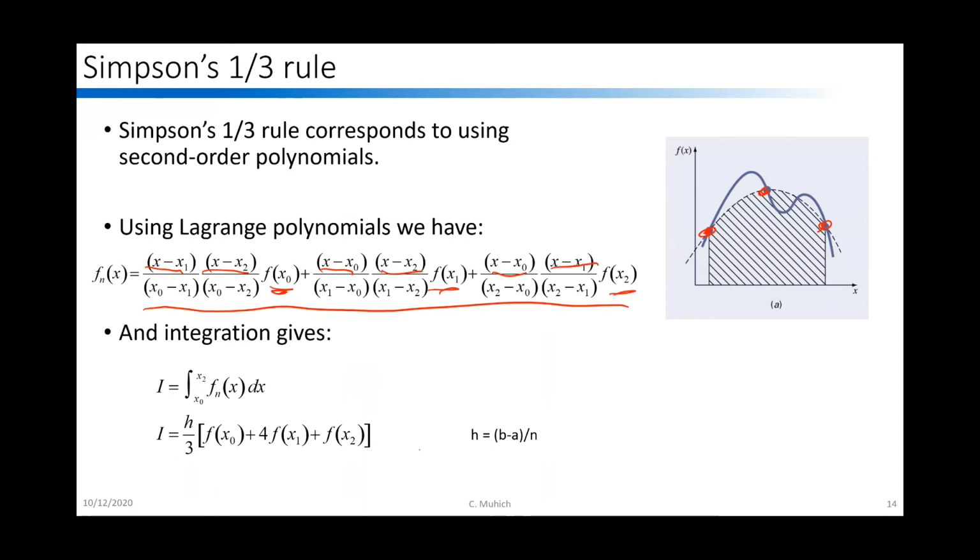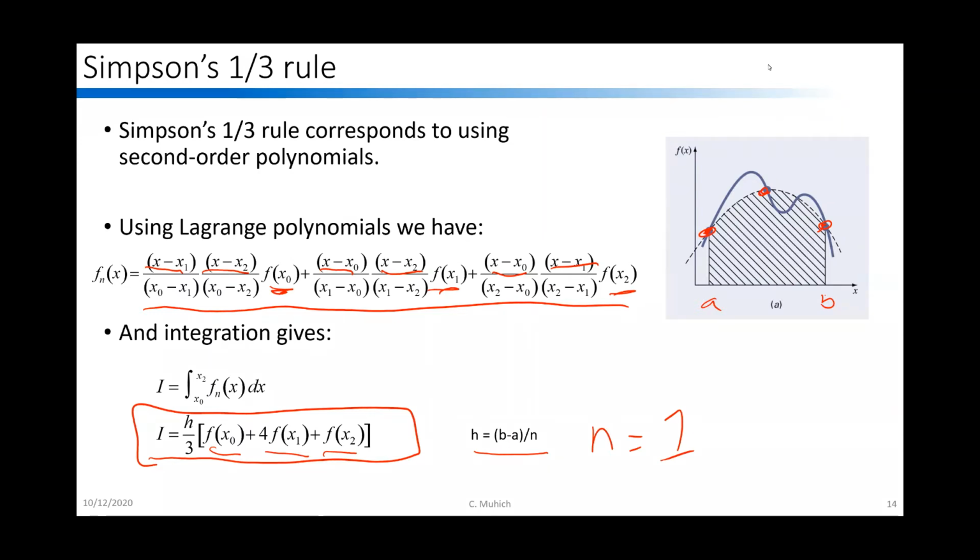I end up getting this I equals h over 3 times f of x0 plus 4 f of x1 plus f of x2. In this case, h is, of course, b minus a, here's b and here's point a, over n. In this case, n is just 1 because we're only integrating over 3 points.